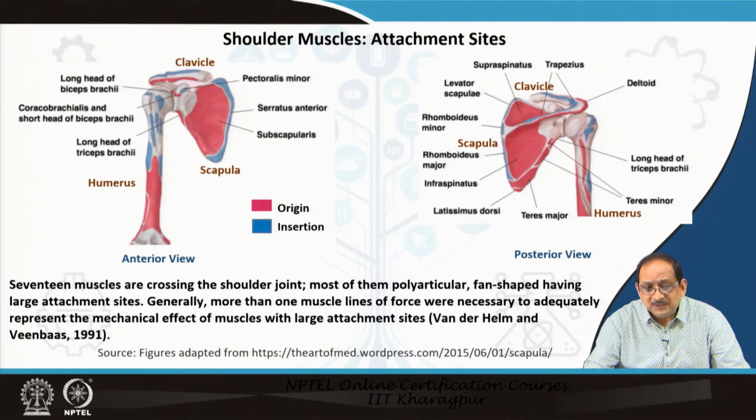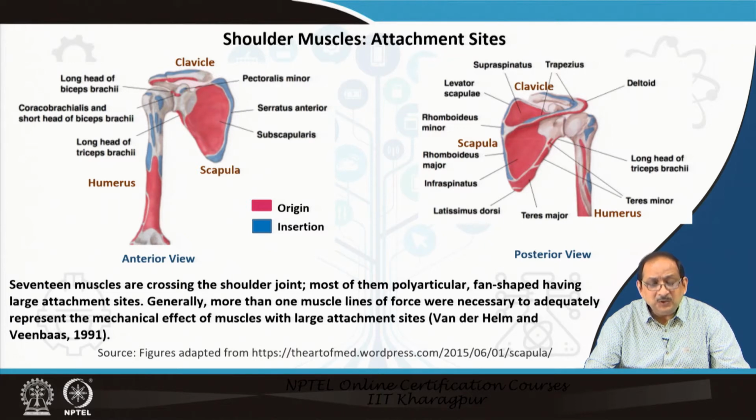The shoulder muscles: actually there are 17 muscles that are crisscrossing this shoulder joint. Most of them are polyarticular, fan-shaped, having large attachment sites as seen in the image.